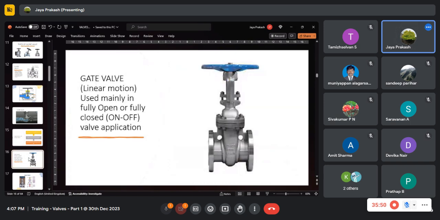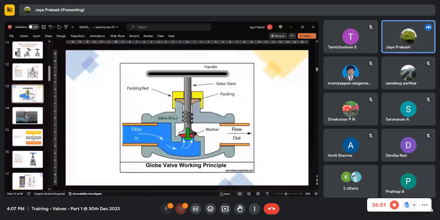Okay. Next is the gate valve. Again, this is also linear motion, like the globe valve. When we open the valve using this handle, this threaded stem will go up and down.